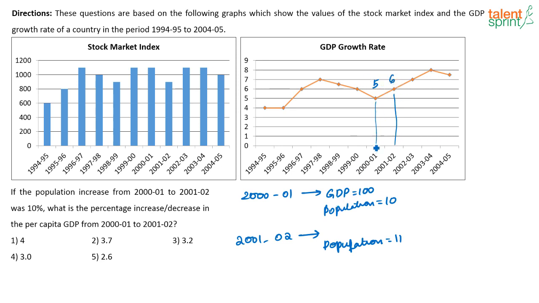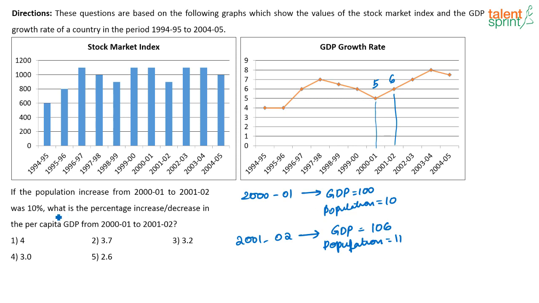So if you see here, from 2000-2001 to 2001-2002, there is a 6% increase in the GDP. If I say for 2000-2001 the GDP is 100, what is the GDP for 2001-2002? There is a 6% increase, so 100 plus 6, which is 106. This is the current GDP.